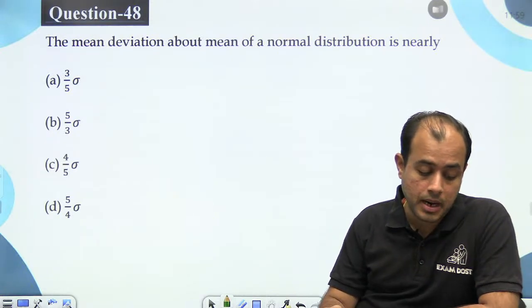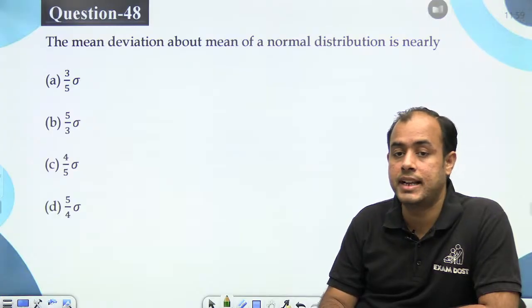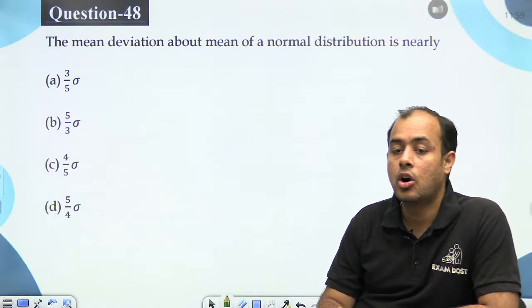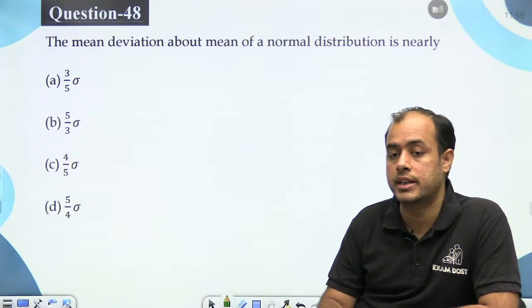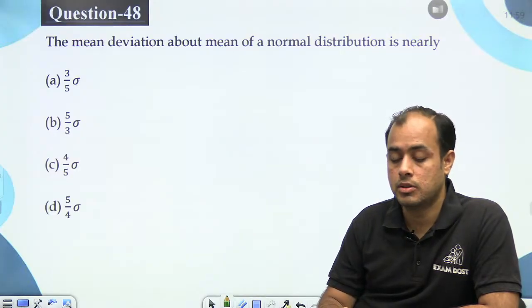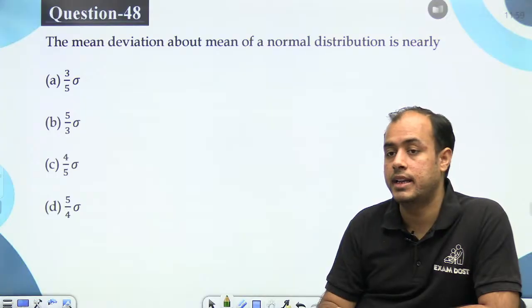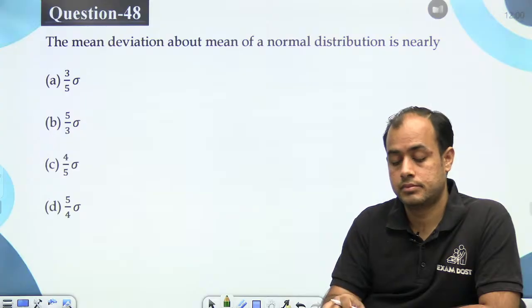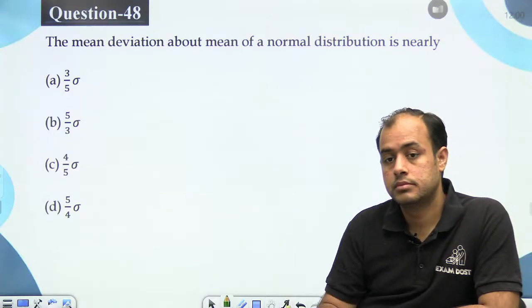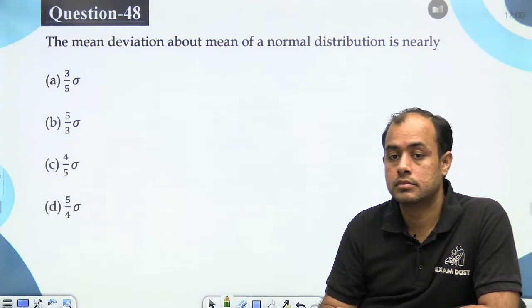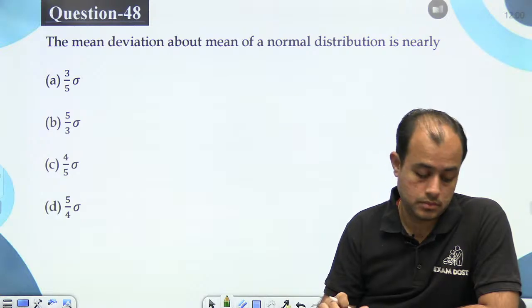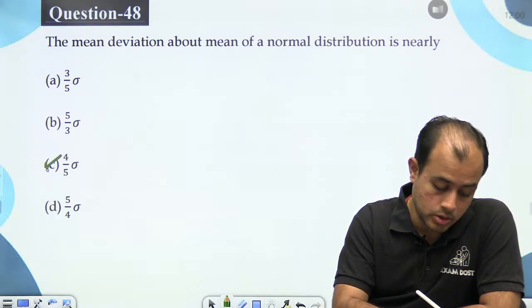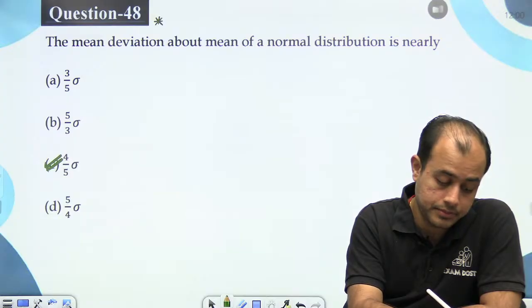Mean deviation about mean. The mean deviation about mean of a normal distribution is. Tell me. You can remember this, 4/5 sigma.